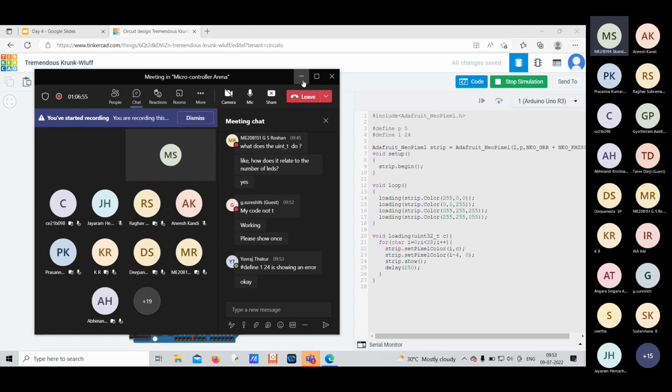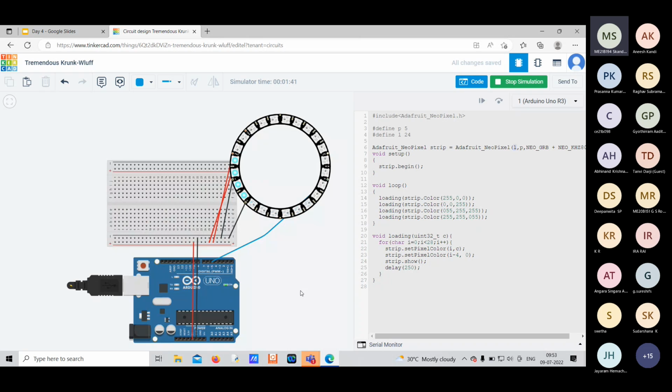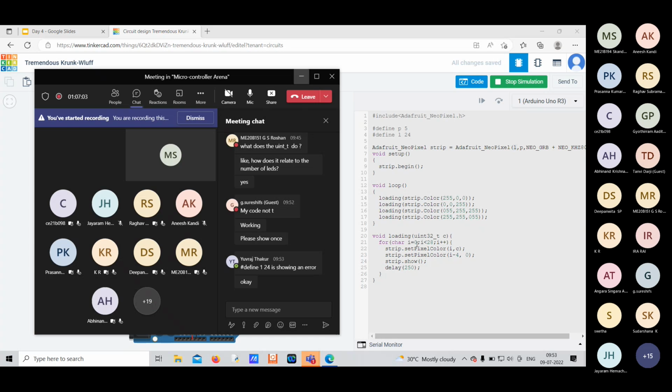So is the code and the setup understood, guys? Respond with a thumbs up if you understood the code.